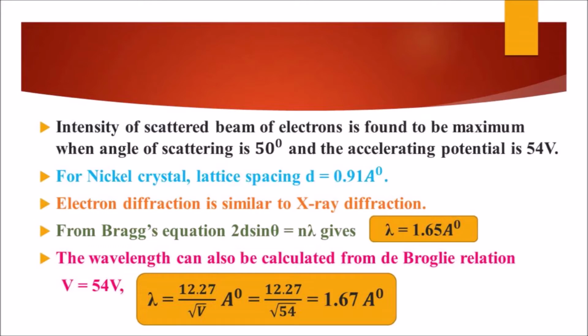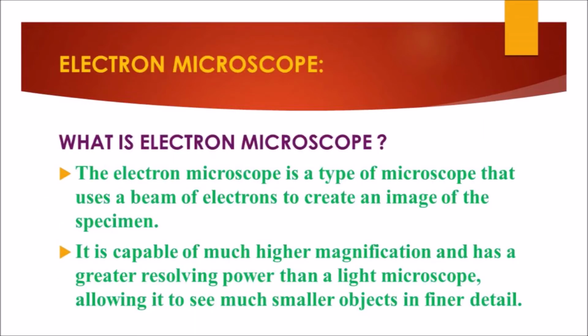By substituting V equal to 54 volt, lambda equal to 12.27 by root of 54, that is equal to 1.67 Angstrom. This value agrees well with the experimentally observed wavelength of 1.65 Angstrom. Thus, this experiment directly verifies the de Broglie hypothesis.